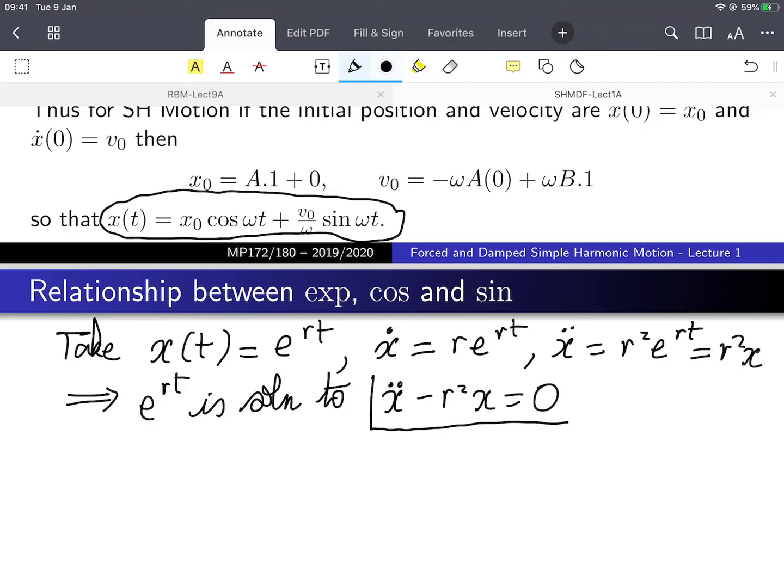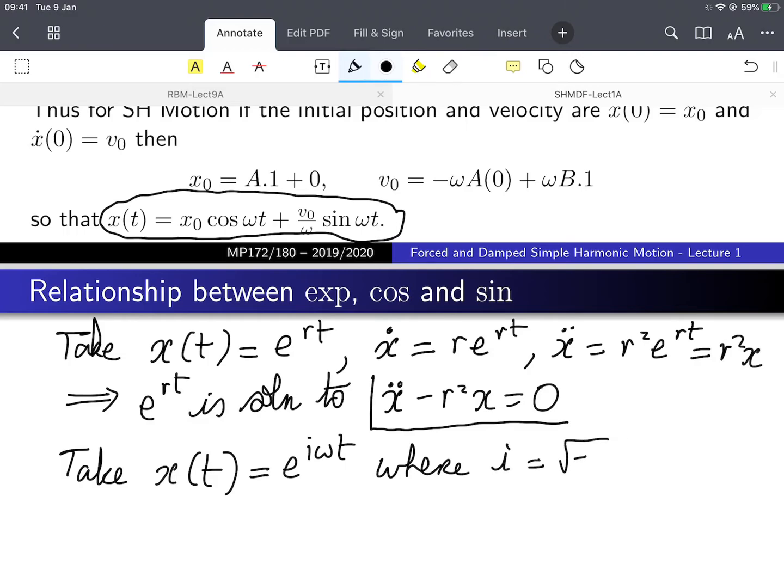Now, what if, just for fun, I was taking x(t) equals e^(i omega t), where i is the square root of -1. Have you seen this, the imaginary number?